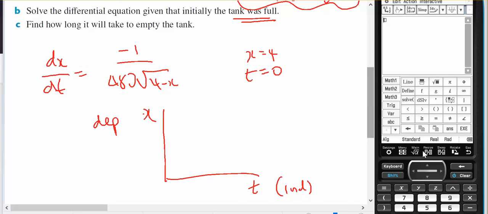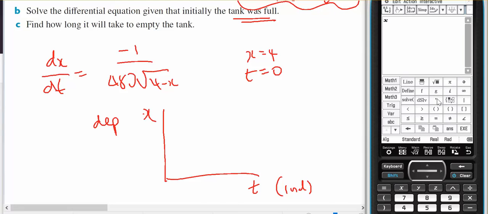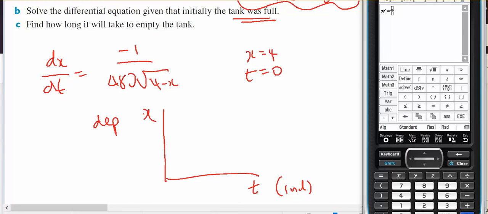And I've got x dash because I've got dx/dt. So x dash equals the fraction negative 1 on top of 480 square root 4 minus x.